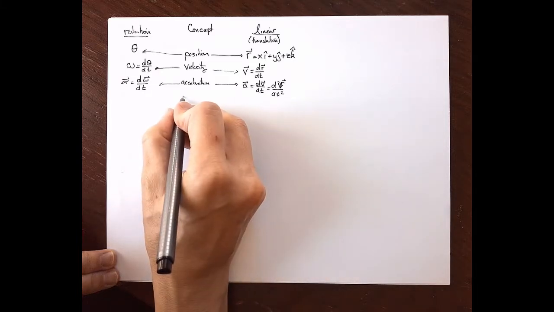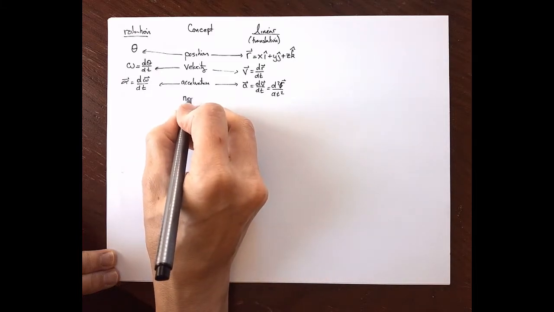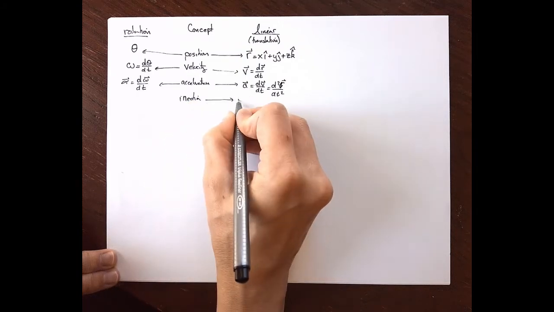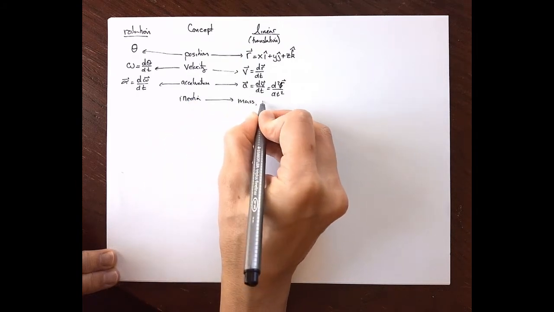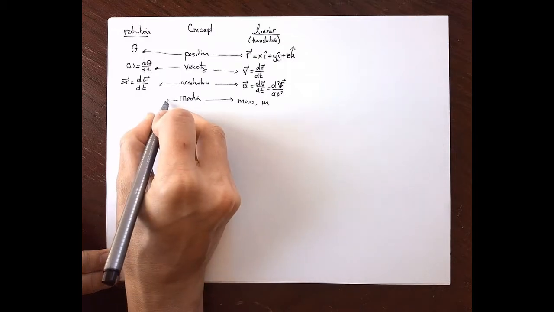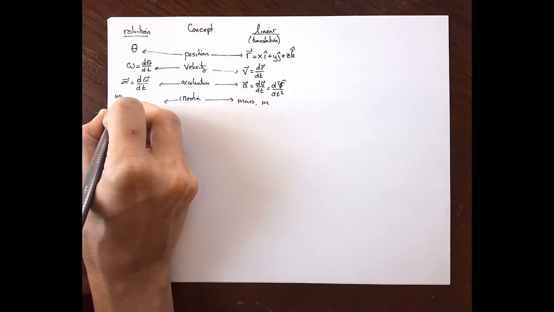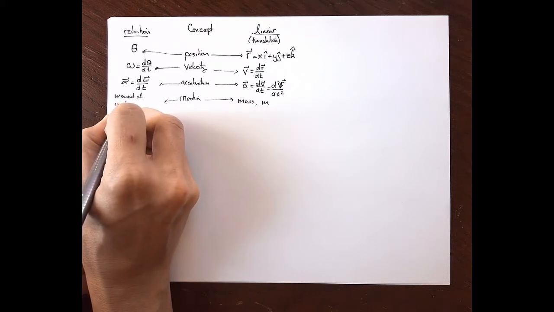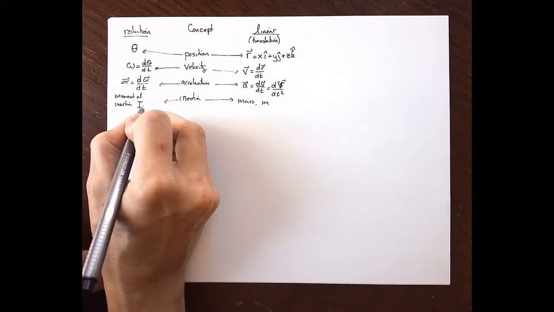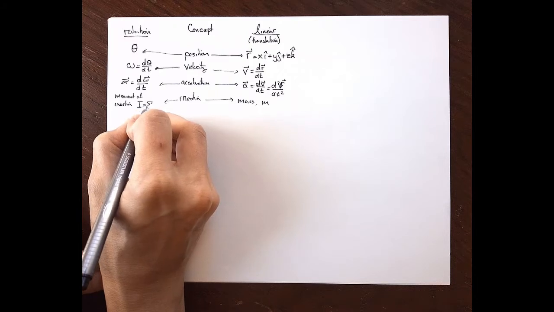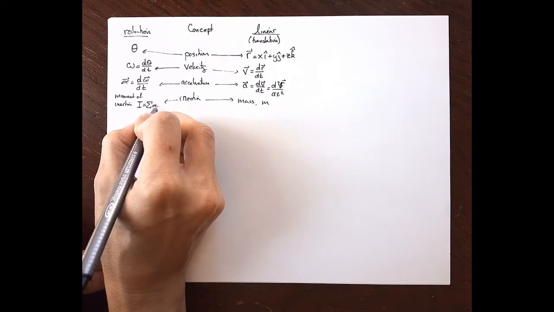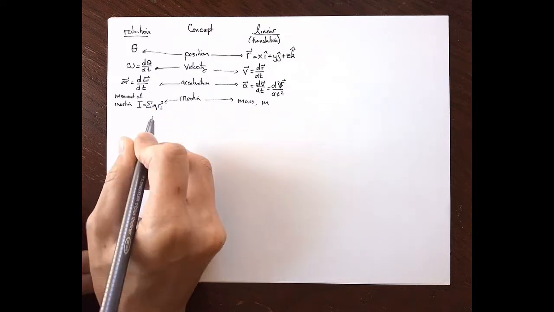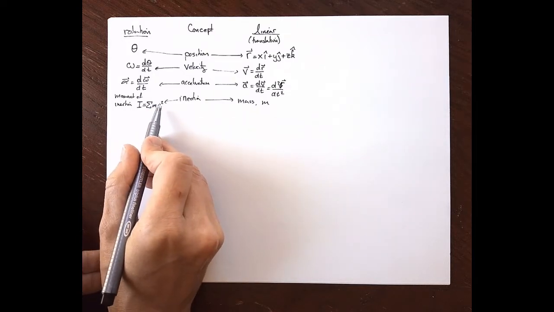We do have an inertia term. In the linear world, that was just mass, which we symbolized with an m. In the rotational world, that was the moment of inertia, which we symbolized with an I, and you can get it by looking at all the objects making up something, and multiplying by how far away they are from the axis of rotation squared.